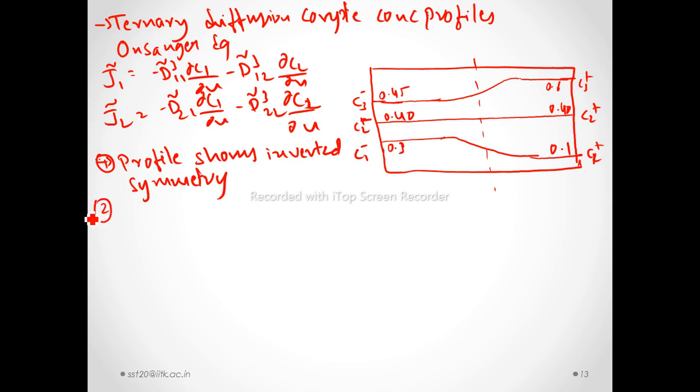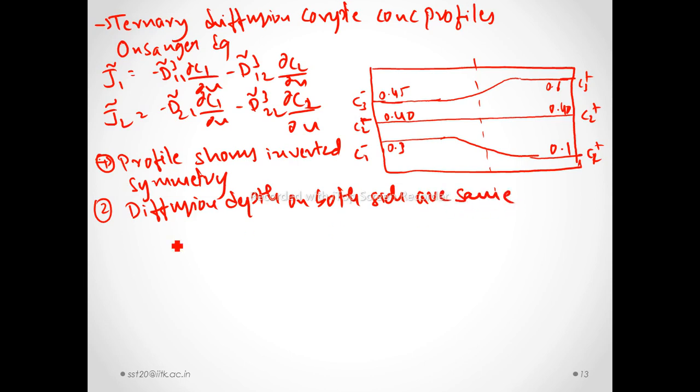Second one, diffusion depth on both the sides is the same for the two components.